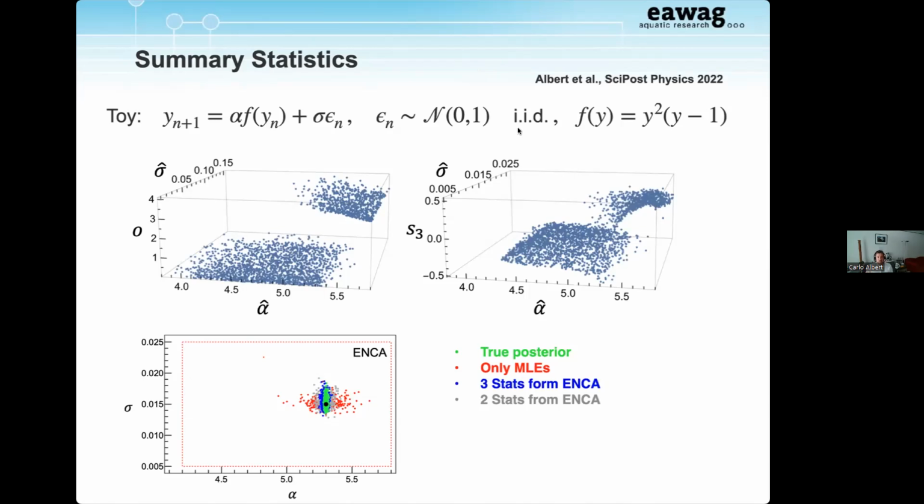All right, so this is what we get when we apply our autoencoders to this toy model. Here on the left, it's the same plot I've shown you before. These are the exact sufficient summary statistics that we know of. And this is what our ENCA, the explicit noise autoencoder, spits out.